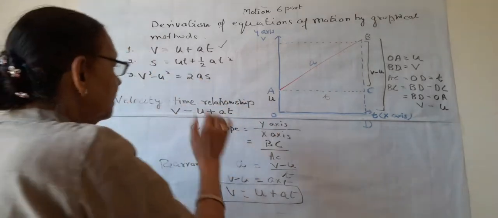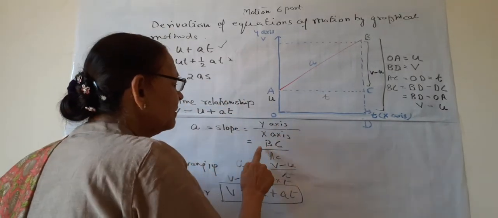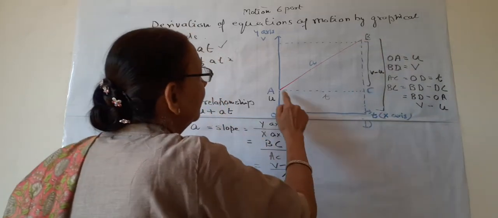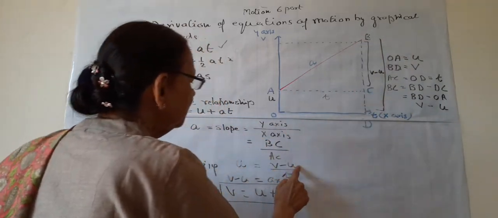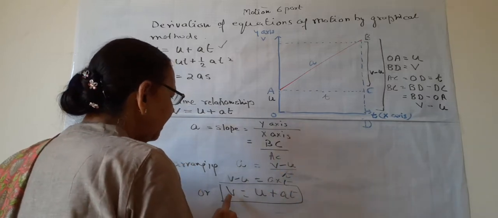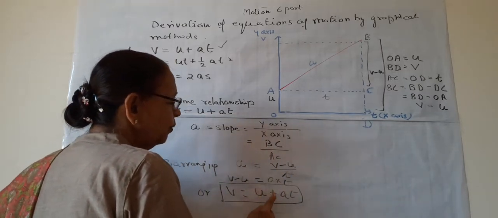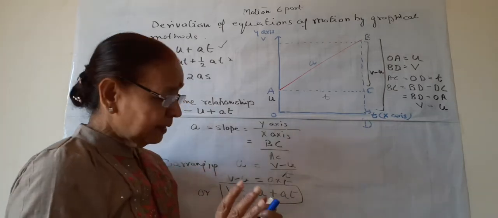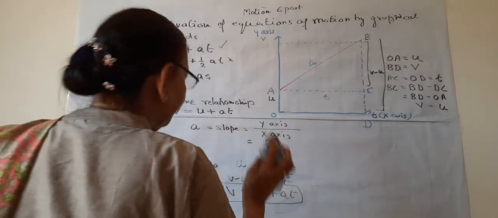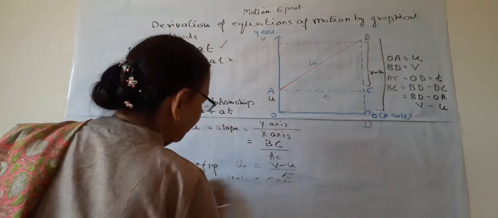And the slope of the graph, y upon x, is BC upon AC, or v minus u upon t. When we rearrange this equation, we get v is equal to u plus at. In this way, the first equation is derived from the graphical method.